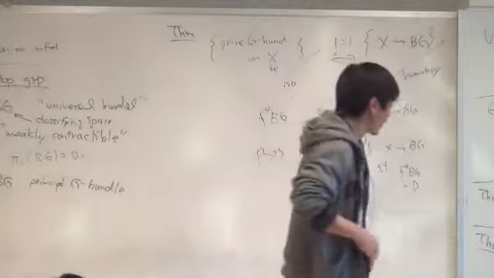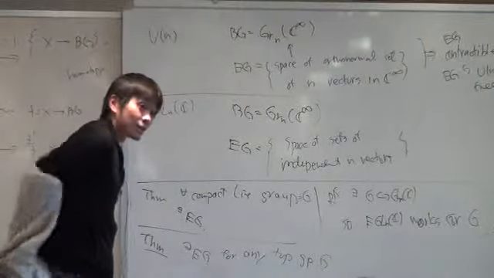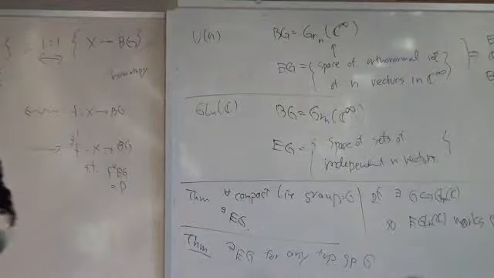So the theorem is that for any topological group G, BG always exists. BG is just a quotient of EG.